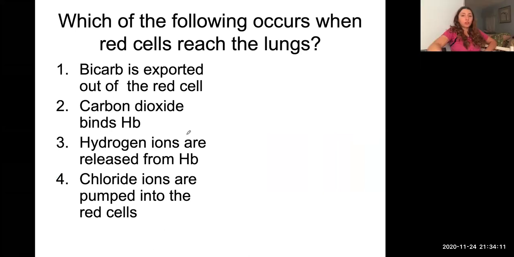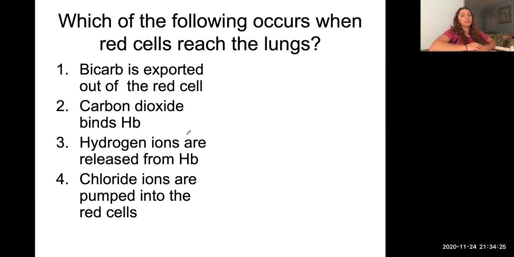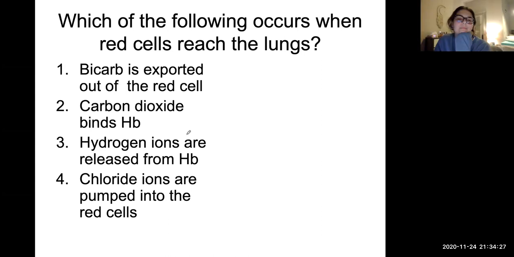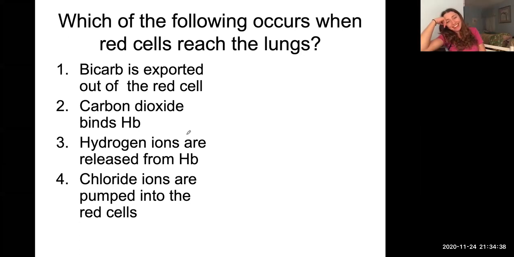Which of the following occurs when red cells reach the lungs? Red cells. Red blood cells. All right, I think I know which one it is. Wait, I don't. I need some time. I'm contemplating between two of these. I was too. I was right there with you.